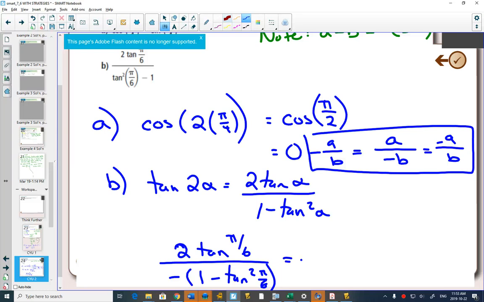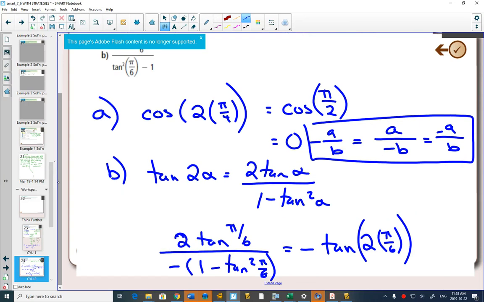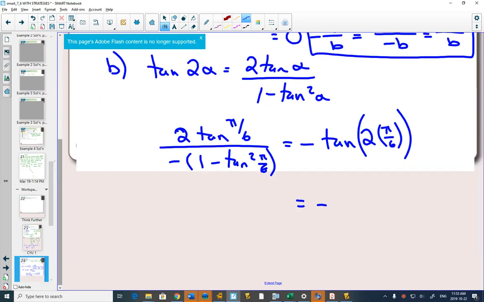And if I put a negative in front of that fraction, then the fraction itself matches up perfectly with my formula. And I can change it to negative tan 2 alpha, and my alpha is pi over 6. Which is equal to negative tan, simplify this, pi over 3. Pi over 3 on your pi plate. Negative root 3.